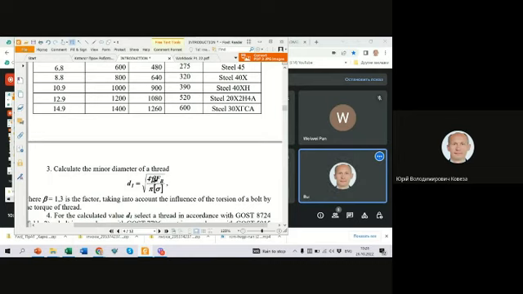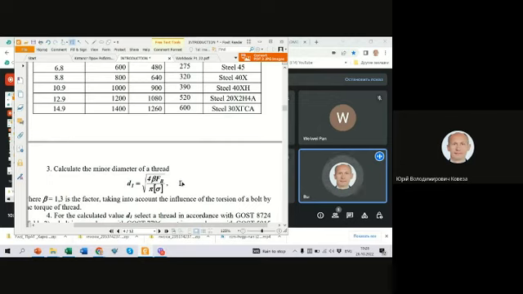Beta is 1.3, a factor taking into account the influence of the torsion. We don't know this very accurate value. That's why we use an additional coefficient.